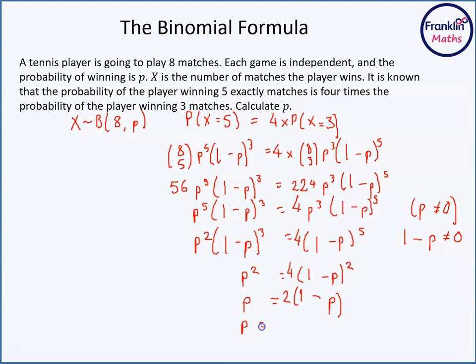So p is equal to 2 minus 2p. Say my apologies for that. Should have noticed it. I even said it, I think. 3p is then equal to 2. And then p, lost my pen, p is equal to 2 thirds.